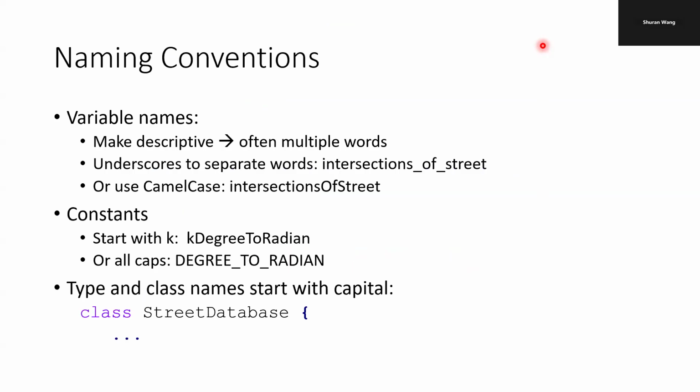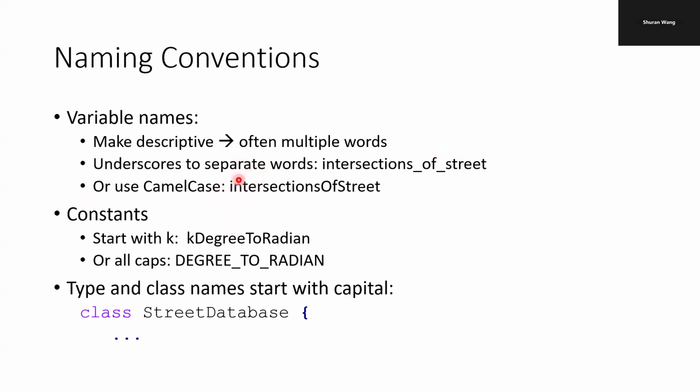Make descriptive variable names, often in multiple words. Discuss amongst your team to decide whether you want to use underscores to separate words or use camel case. Remember, variables should start with a lowercase character. And be consistent within your team.